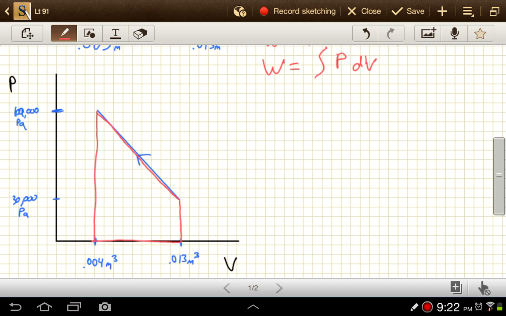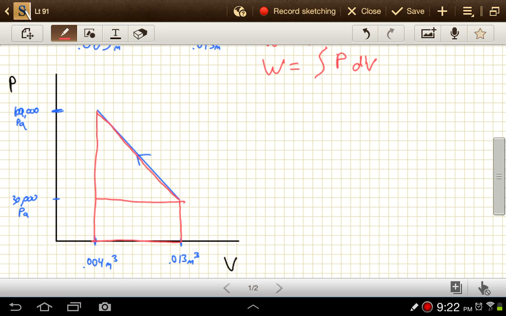So that's a trapezoid. If you know the equation for the area of a trapezoid, then we can use that. If you don't remember that one, that's fine. We can break this up into a triangle and a rectangle. One thing that's worth noting here is that in this case, the little arrow tells us that we start at a volume of 0.013 cubic meters and end at a volume of 0.004 cubic meters.